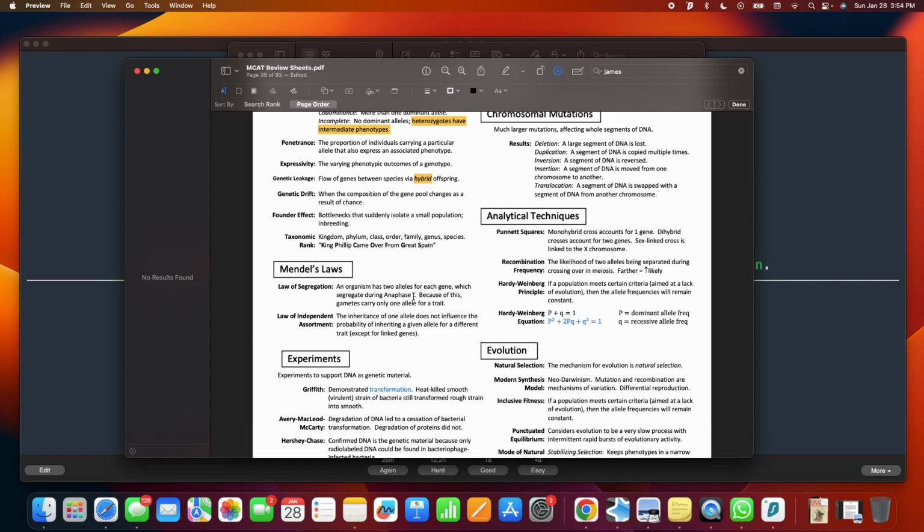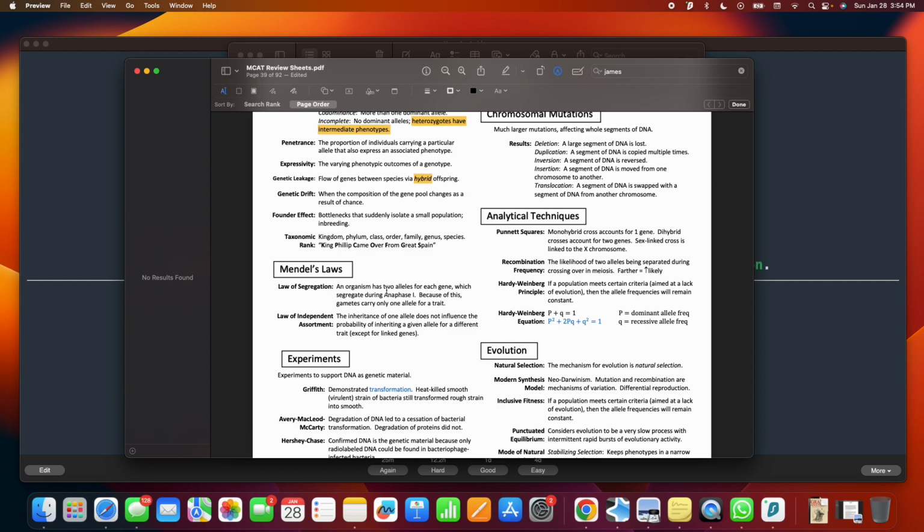Is it the mitotic spindles detaching, separating away the homologous chromosomes? Because of this, the law of segregation.